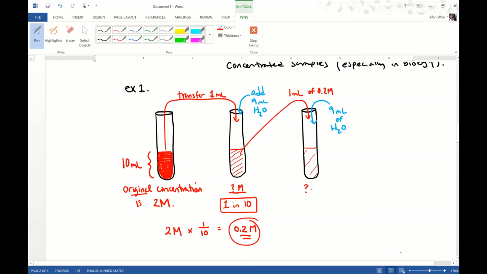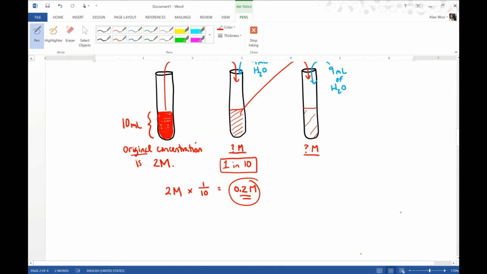So the question again is, what's my molarity here? Well, it is another 1 in 10 dilution, right? Going from this step to this step, from test tube 2 to test tube 3, it's still a 1 in 10 dilution.